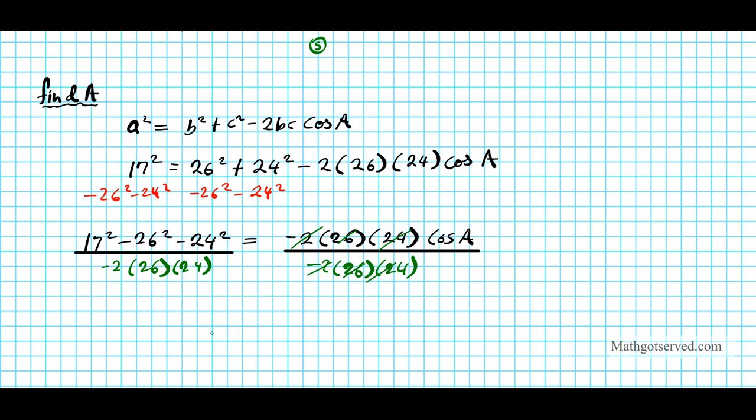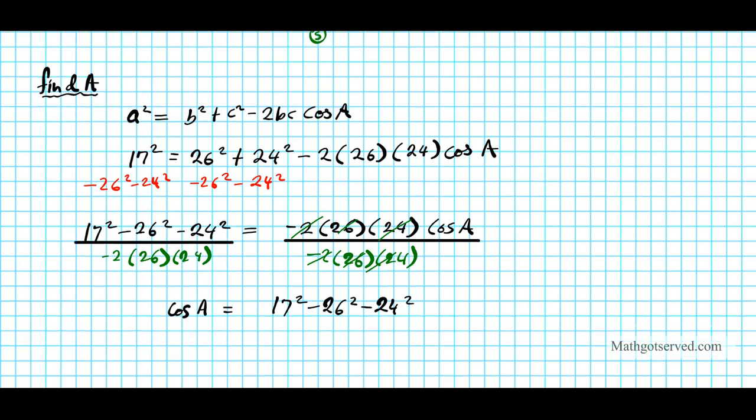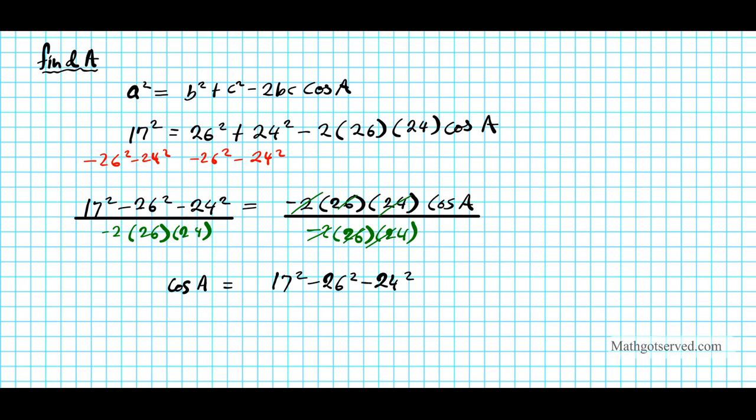And using the reflexive property of equality, I have cosine A equals 17 squared minus 26 squared minus 24 squared divided by negative 2 times 26 times 24.